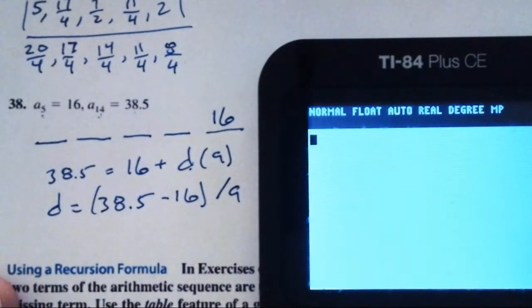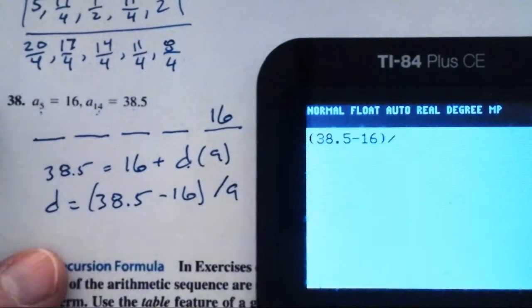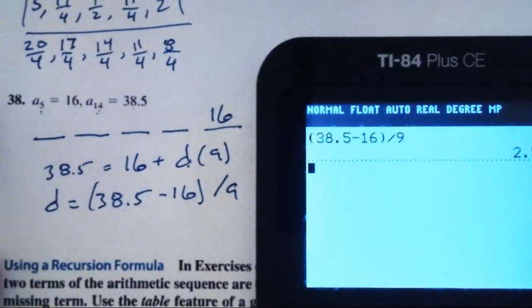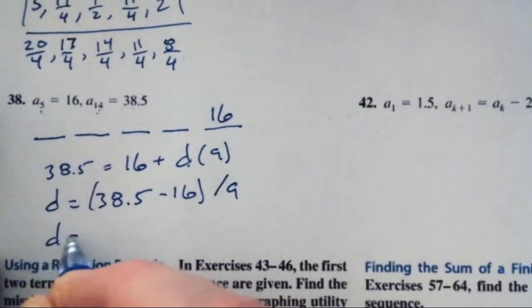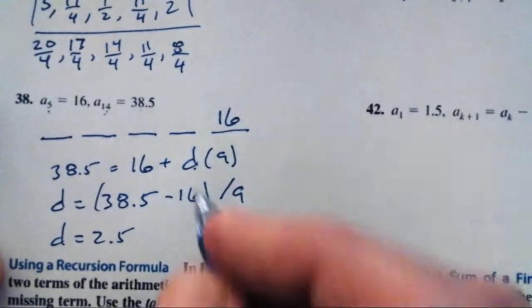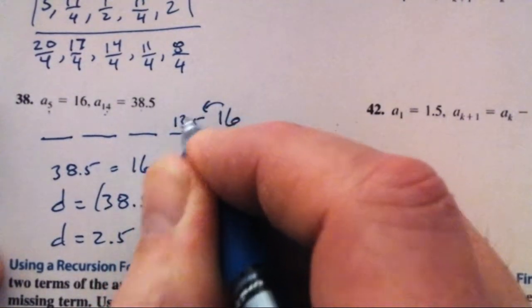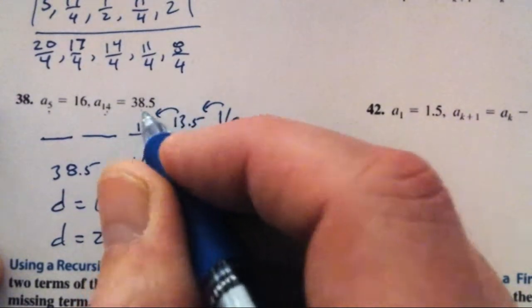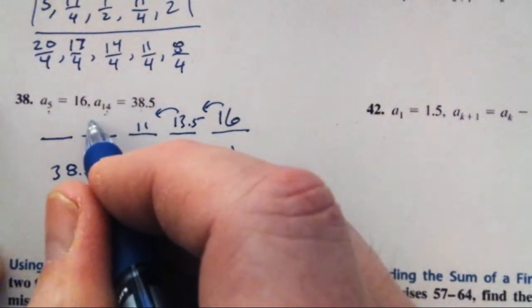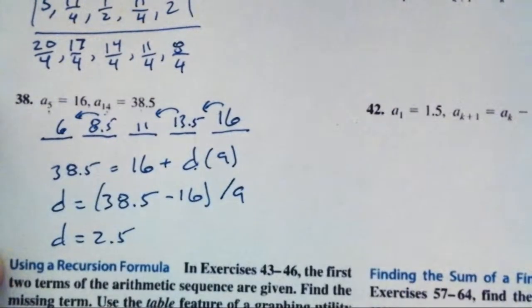We've got 38.5 minus 16 divided by 9. And I get 2.5. So D is 2.5, which means I'm going up 2.5 each step that way, but back this way I'm going to go down 2.5. 13.5, 11, down 2.5 gets me to 8.5, down 2.5 gets me to 6.